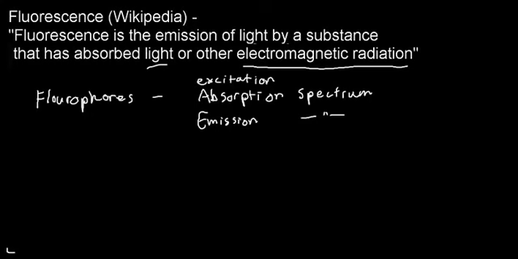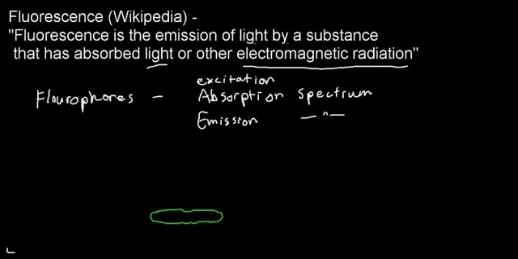What's important to understand is that if I have this fluorophore here, and I know that this fluorophore can absorb light and emit light, what I also need to know is what wavelengths of light I can shine on this fluorophore to get back that emission. It's important to understand that you can't excite a fluorophore molecule with any wavelength of light.